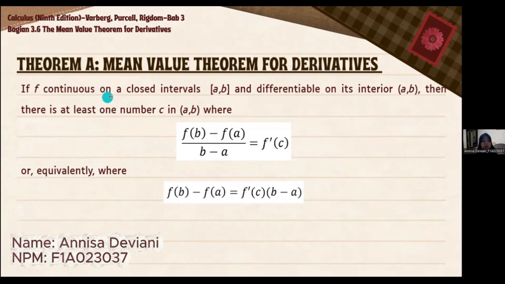If f is continuous on a closed interval [a, b] and differentiable on its interior (a, b), then there is at least one number c in (a, b) where (f(b) minus f(a)) over (b minus a) equals f prime of c, or equivalently where f(b) minus f(a) equals f prime of c times (b minus a).